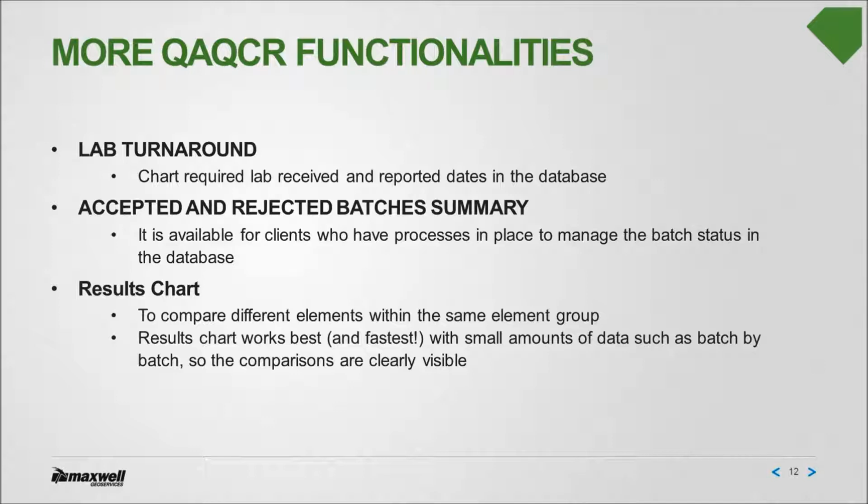These result charts work best and fastest with a small amount of data, such as batch by batch, so the comparisons are clearly visible. Otherwise, if you plot 10 batches or more, it will be crowded and you cannot see any clear image.